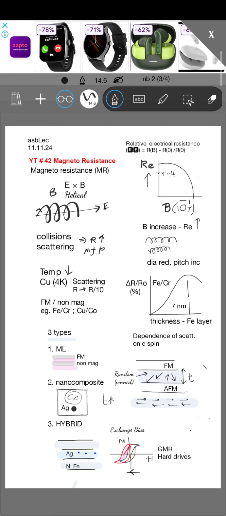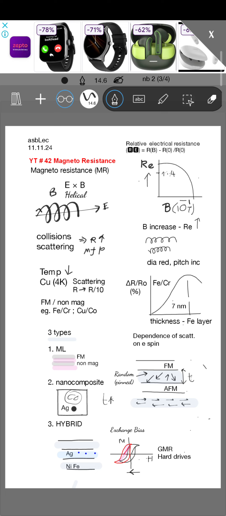Now the second aspect is what happens. Before that, let me discuss what giant magnetic resistance is. Whatever we have discussed till now is called magnetic resistance. Giant magnetic resistance is when you have a number of multilayers kept one over another, and you see the hysteresis. Of course this gives rise to applications in hard drives.